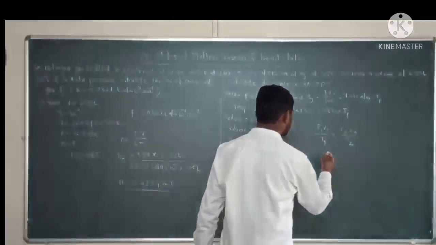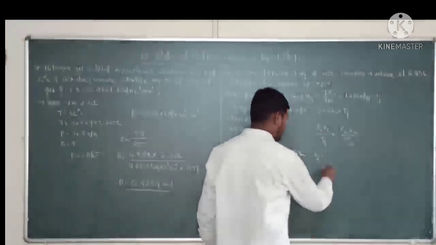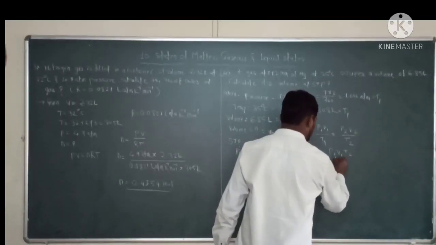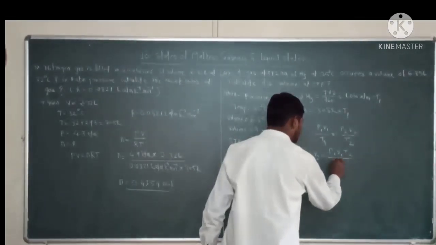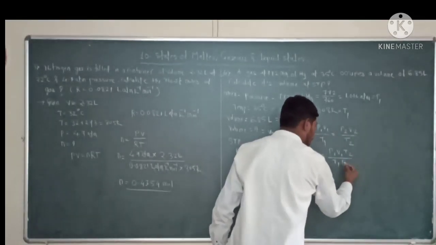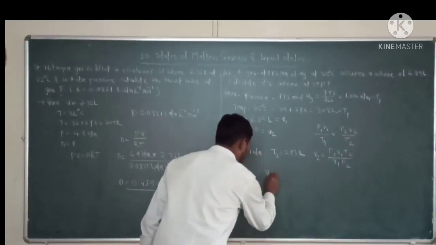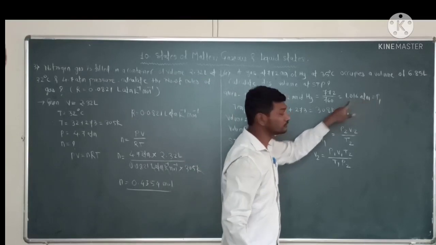We get the new equation, that is V2 is equal to P1 V1 T2 divided by T1 P2.